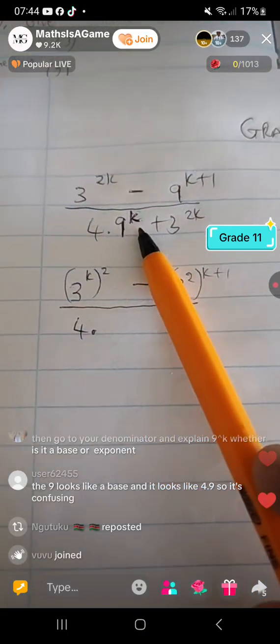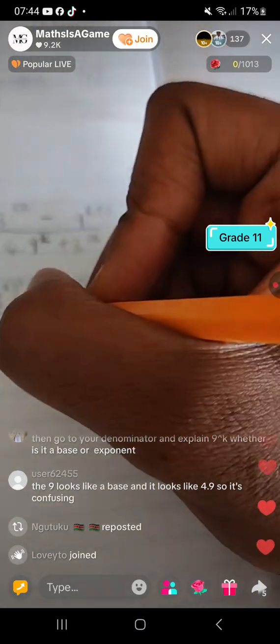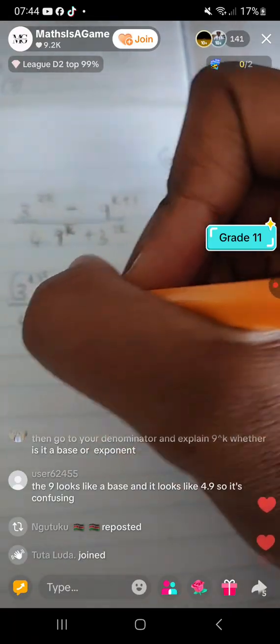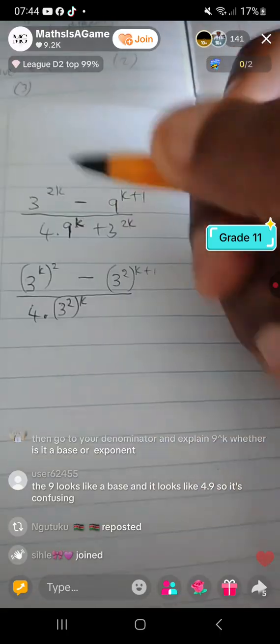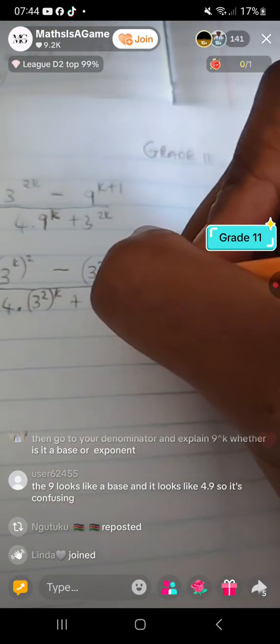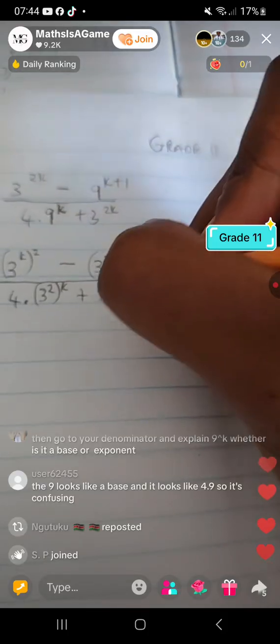Anyways, 9. So 9 is 3 to the power 2, plus 3 to the power 2.